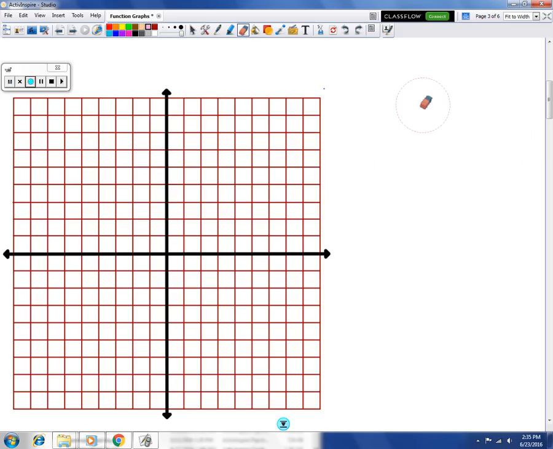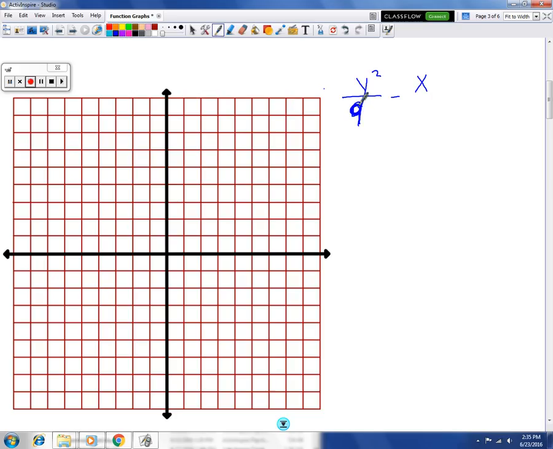Let's reverse the x squared and the y squared: y squared over 9.